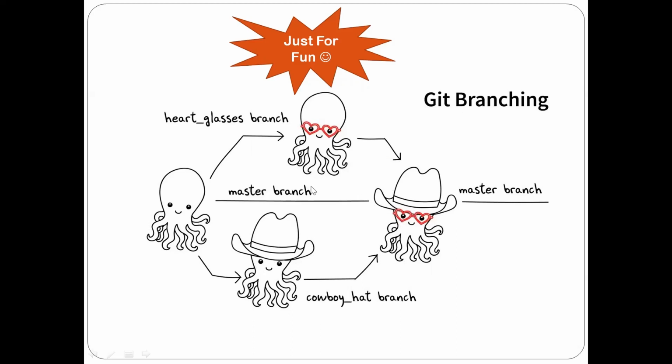Until then, no changes are reflected in the master branch. After merging these two branches into the main branch, we can see the changes, like a hat is added and also these goggles are added. So that's the main motto of branching. Please don't mind, this is just a fun activity, just to understand branching in a better way.